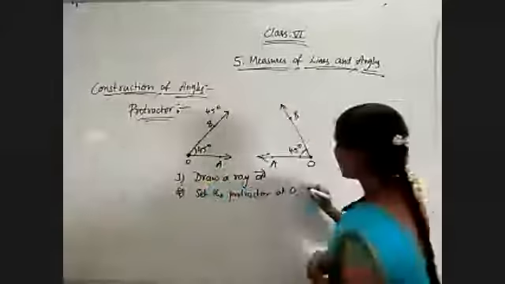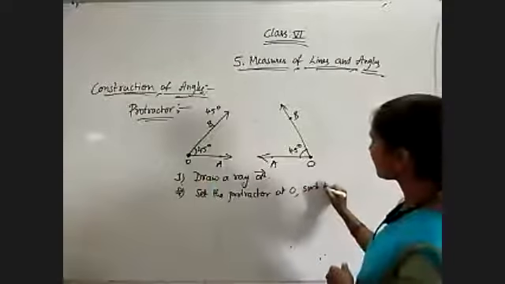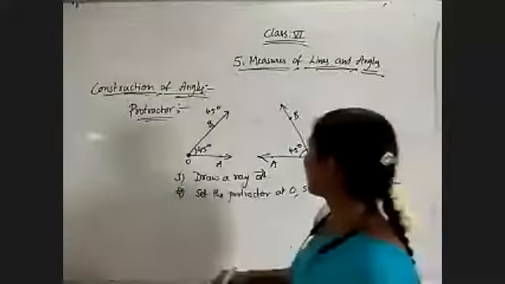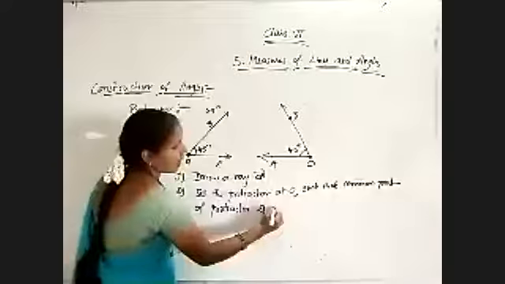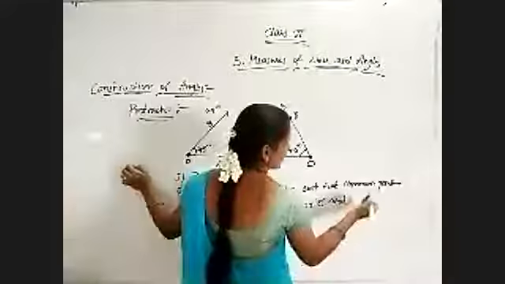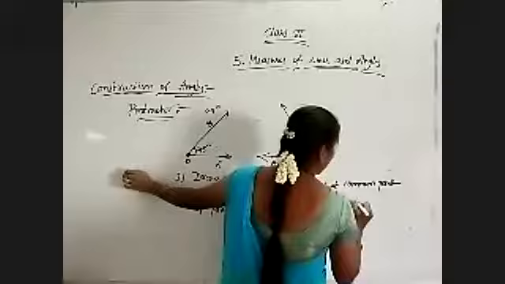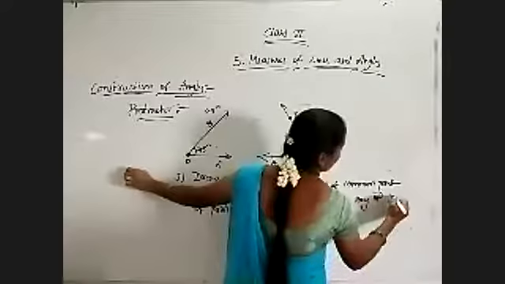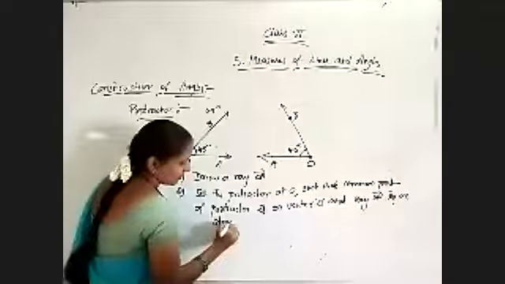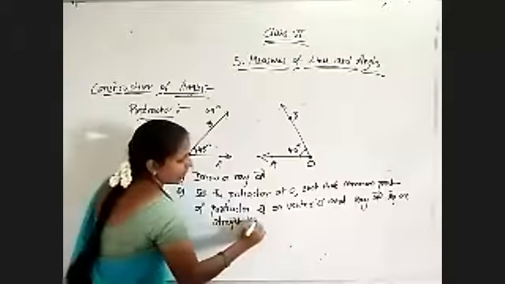Protractor at O such that the common point of the protractor is on vertex O and ray OA is on the straight line of the protractor.